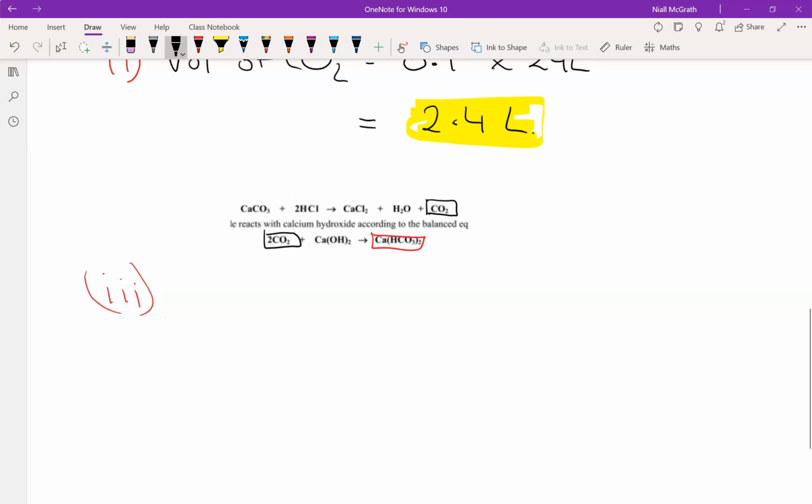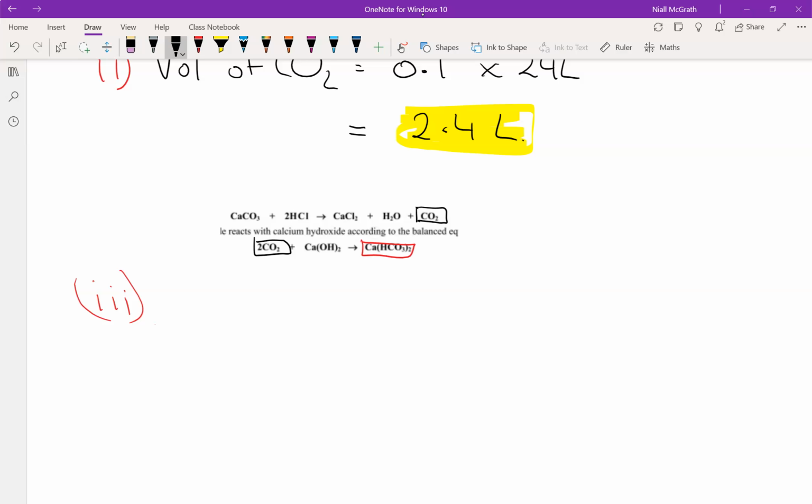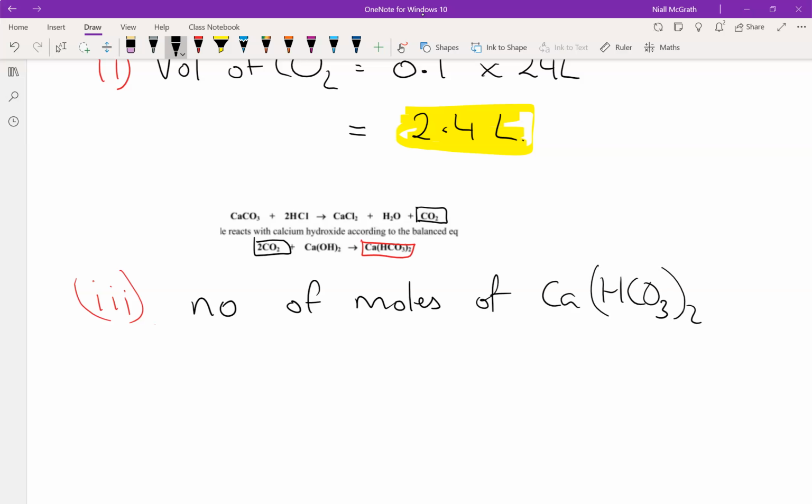So if we want to find our number of moles of CaHCO3, you have a 2:1 ratio, so 0.1 moles is twice the number of moles of calcium hydrogen carbonate you have.